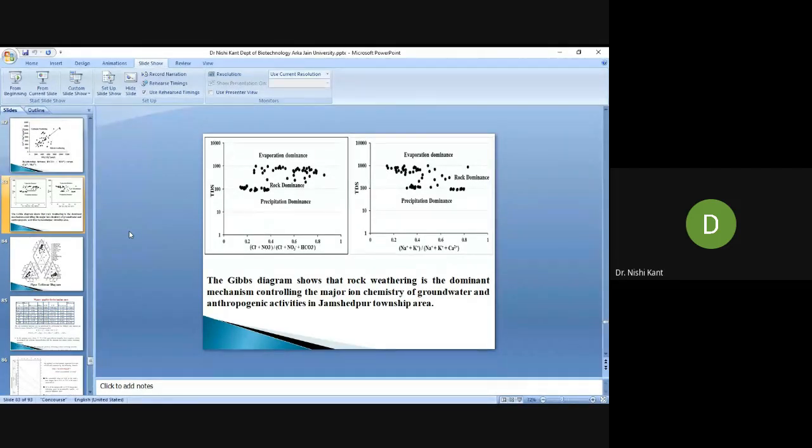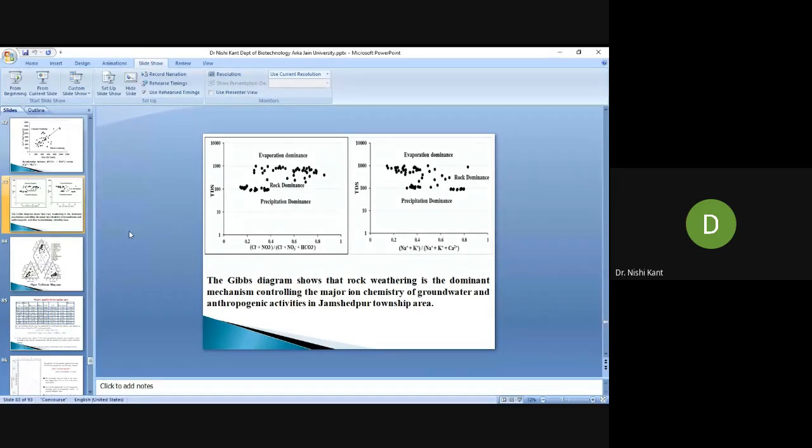The constituents of TDS are derived from rock-water interactions, that is the weathering of carbonate and silicate clays present in the granite and gneiss rock. The majority of groundwater samples fell in the rock weathering region, indicating that the groundwaters are found in the recharge and flow through areas where water-rock interactions control the groundwater chemistry in the Jamshedpur township area.